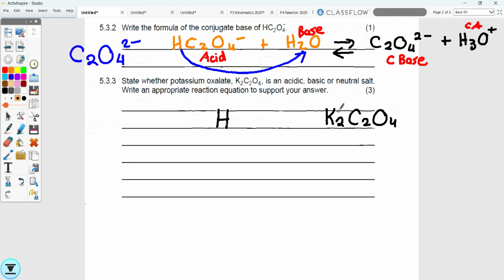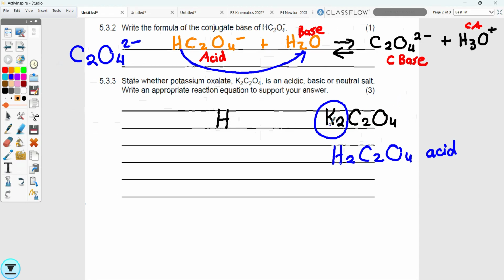So this is my cation. If I look at this, the acid that would have formed this was H2C2O4. This is the acid that formed it. And the base we don't really care about, but we know the K is the base.